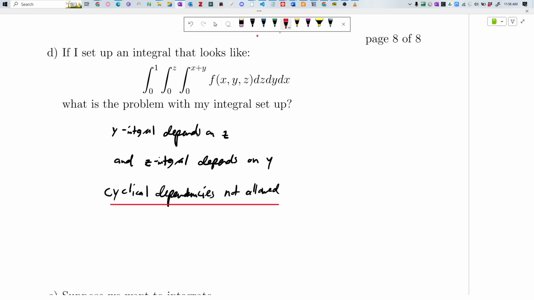So maybe another way you could write the issue is that the region being integrated over is nonsensical.